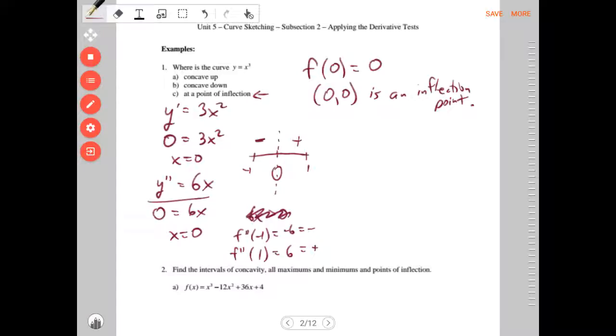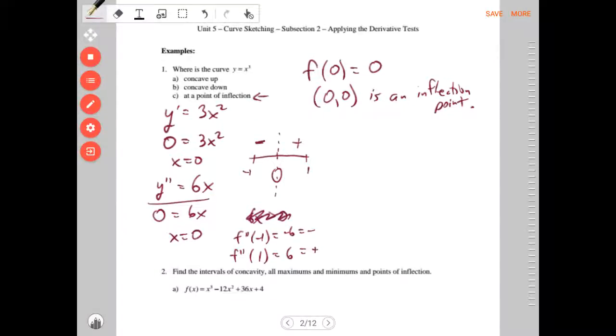So positive over here. Remember, when we're talking about the second derivative now, these are the regions of concavity. So we're concave up when the second derivative is positive.